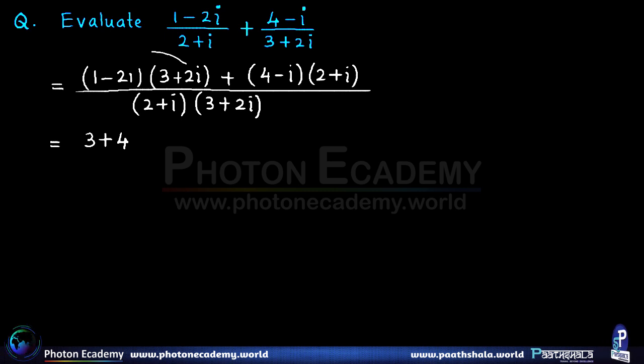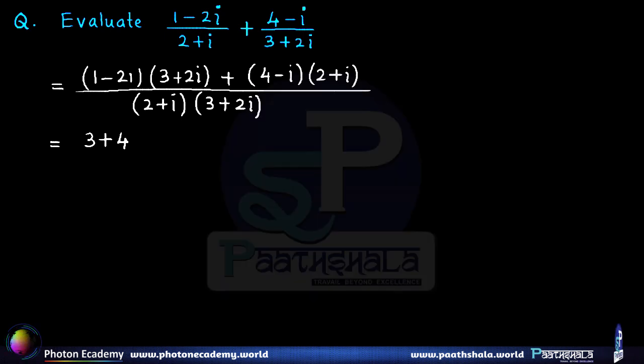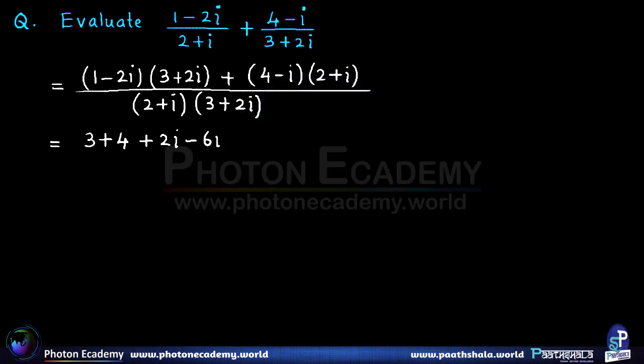Now to get the imaginary part, we have to multiply one real and another imaginary. So we have 1 into 2i, which gives us 2i, and minus 2i into 3, which gives us minus 6i. So this is the answer of the first multiplication in the numerator.